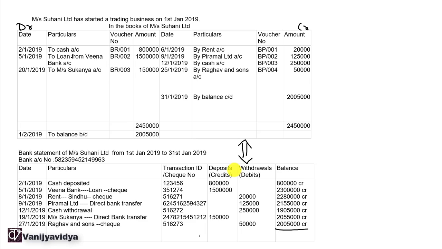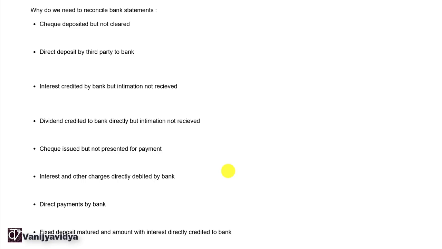Now let's see what are the reasons for bank reconciliation statement. Why do we need a bank reconciliation statement? Let's see the first one. Check deposited but not cleared. So this is our business and this is Mr. A, our client.